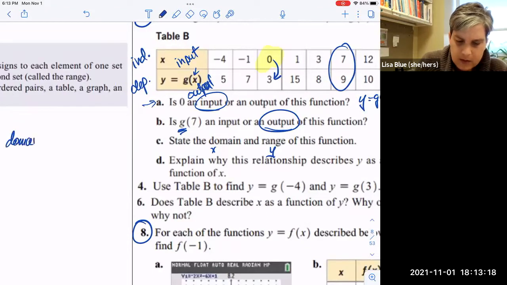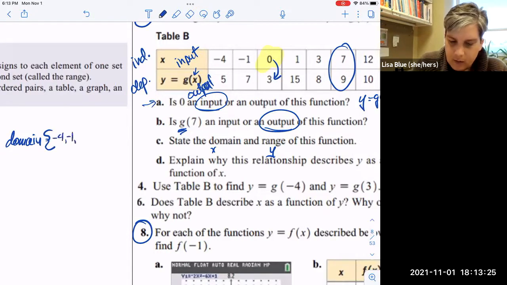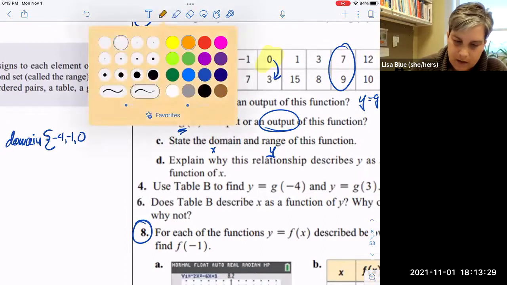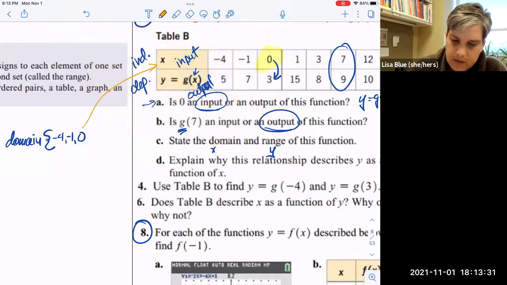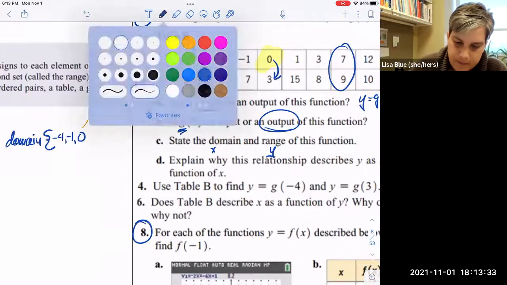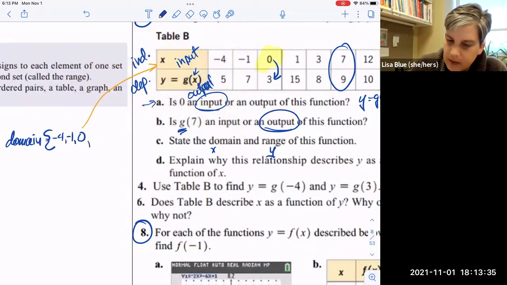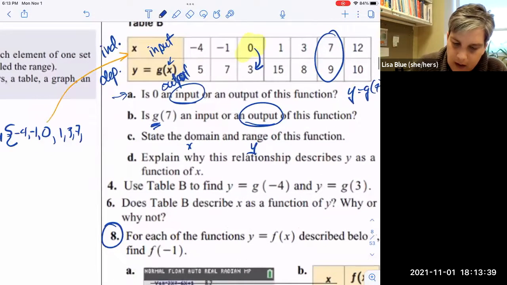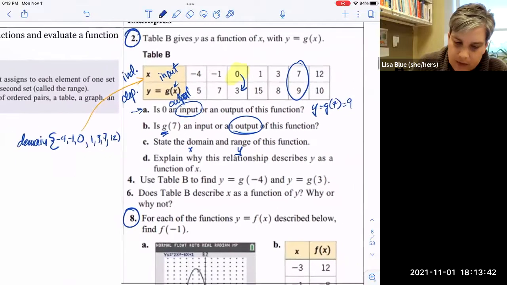So here we would say the domain, and we use these little curly braces, is going to be -4, -1, 0. So I'm literally just copying these values down here. So -4, -1, 0, 1, 3, 7, and 12.